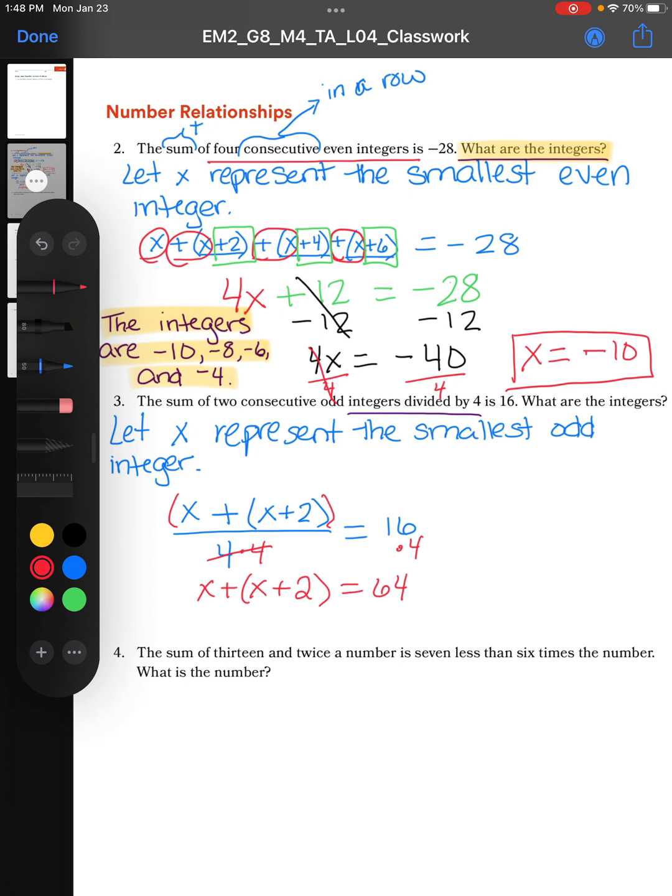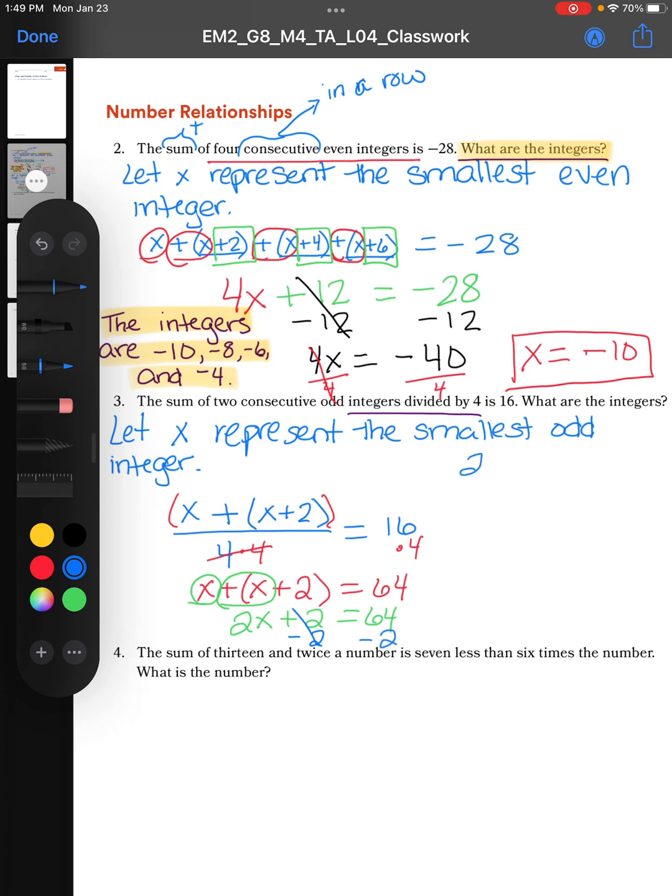Now that I have that division part gone, the left side of my equation looks a little bit more simple. I'm going to combine like terms. So I have an x plus an x. So I have 2x plus 2 equals 64. Working to get x alone, let's subtract 2 from both sides.